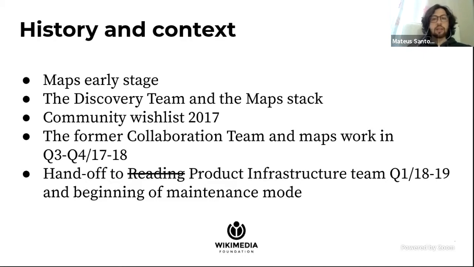Because of that, and because the discovery team wasn't working on this anymore, the collaboration team was formed and worked on these maps enhancements for about 2 quarters. And after that, finally, the handoff of the maps happened to product infrastructure, and that's where we started the maintenance mode.